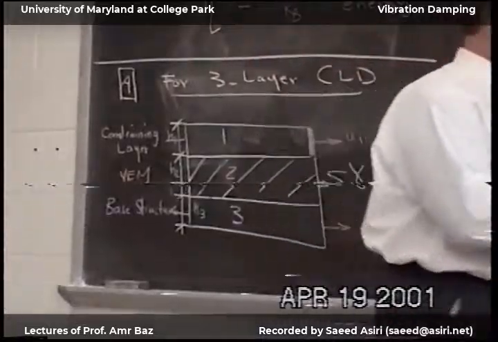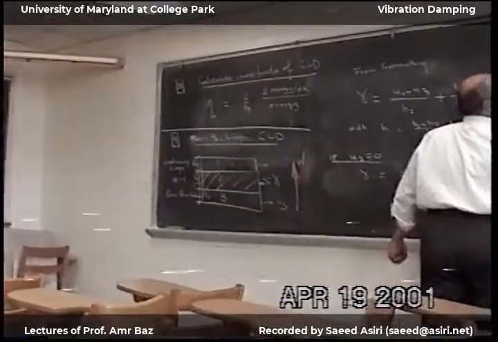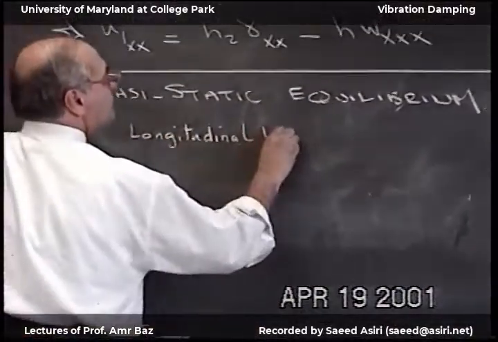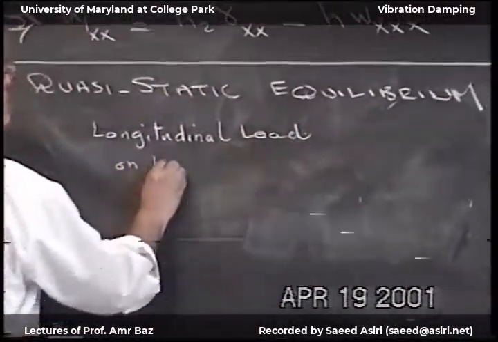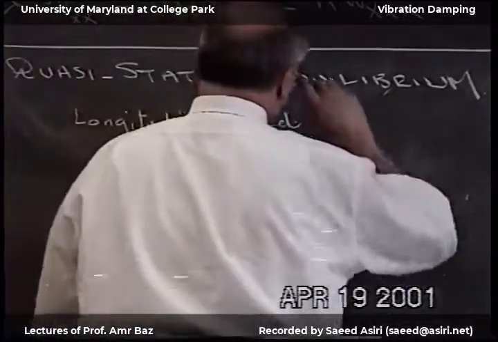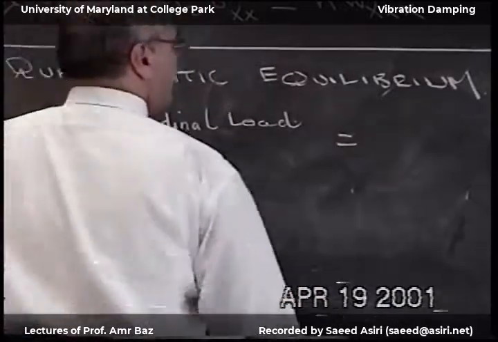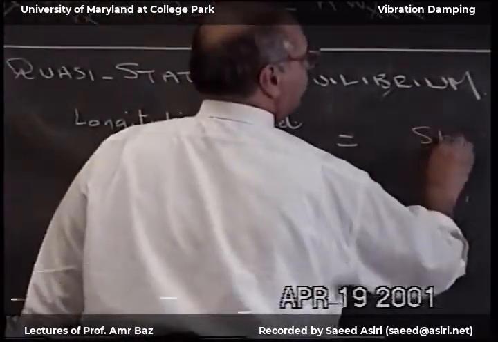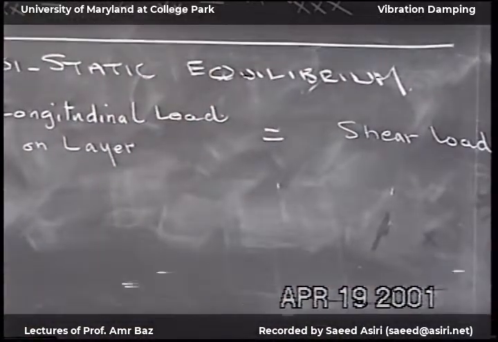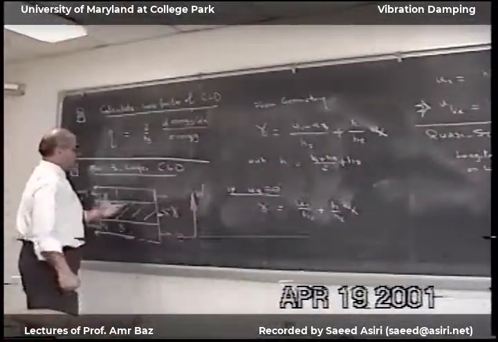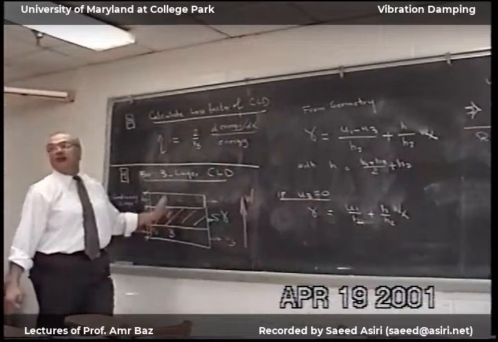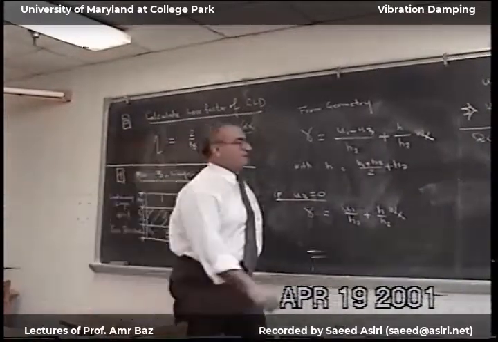So now here the longitudinal load on layer 1 is equal to the shear load. Of course, because it expands from the two directions, then we'll take the difference between these two, which is counterbalanced by the shear, as if we're doing the free body diagram for this.